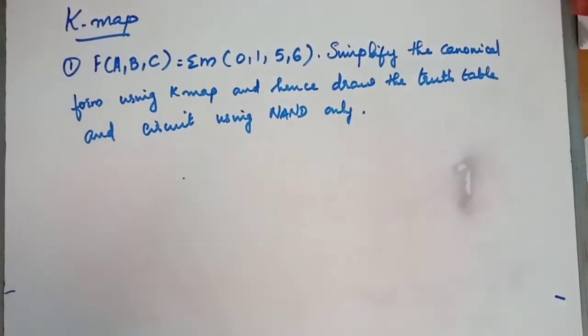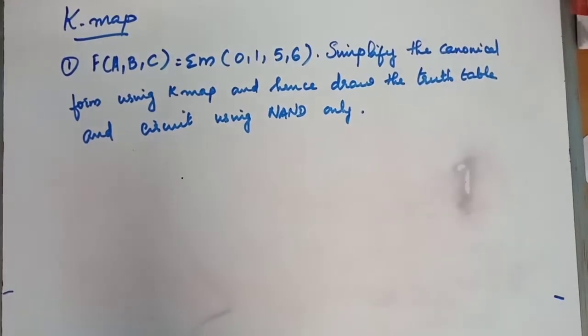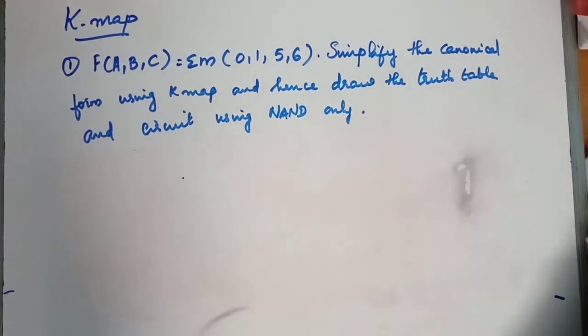Suppose this is the question. So function of ABC equal to sigma m 0, 1, 5, 6.